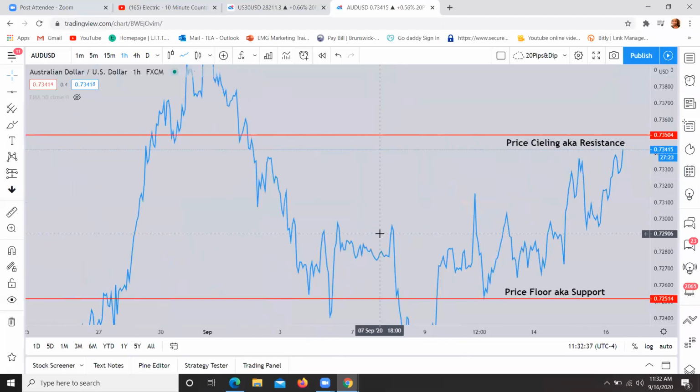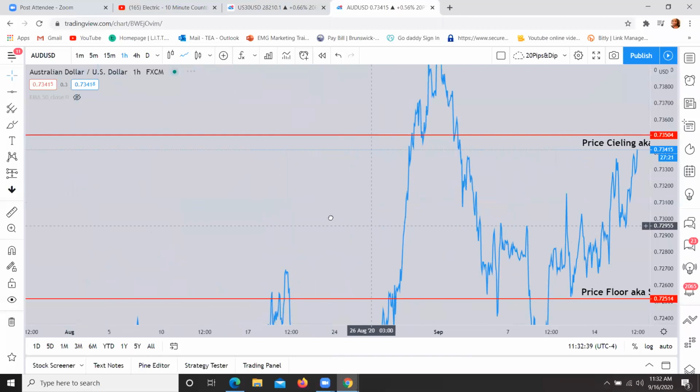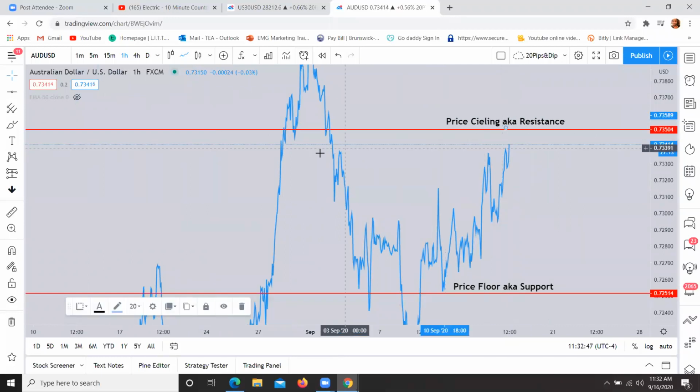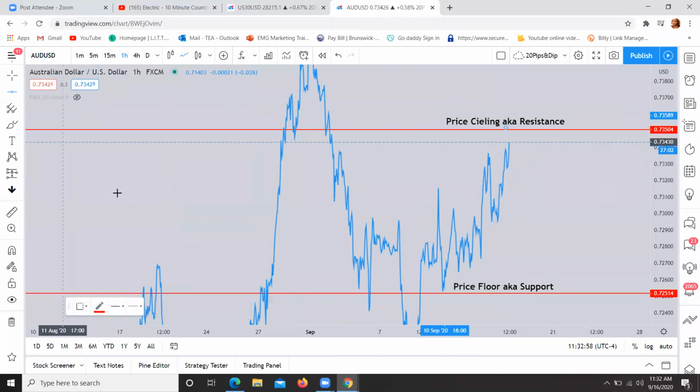Let me tell you something about the Forex market. Over here is where current price is at right now. When you're finding key levels, all you're doing is identifying price, seeing where it's represented on both sides, both as support and resistance. Let me show you what I mean.